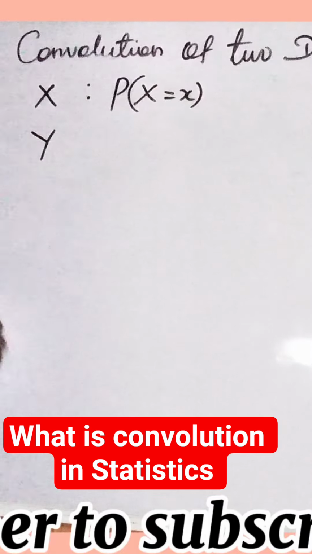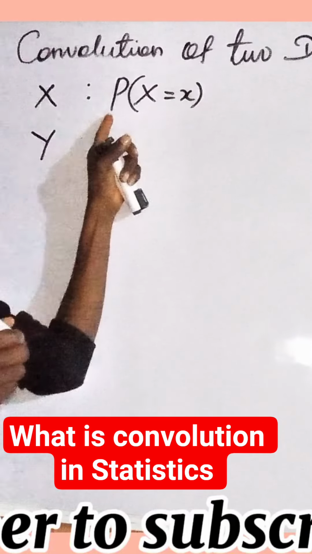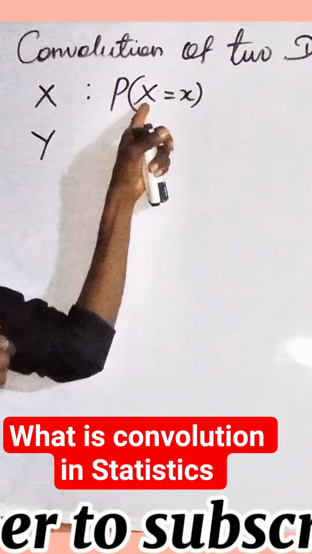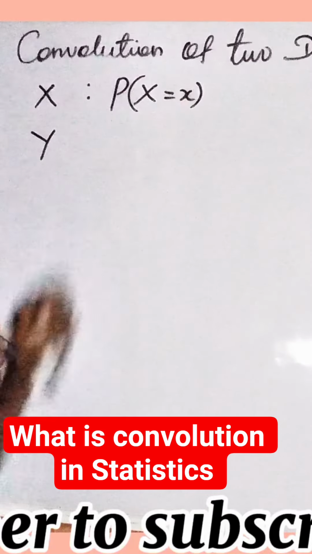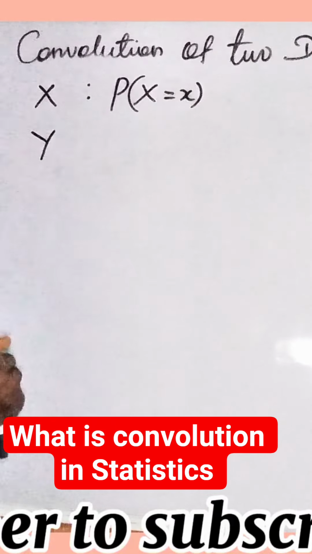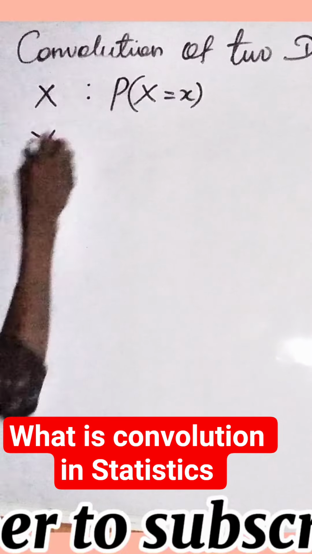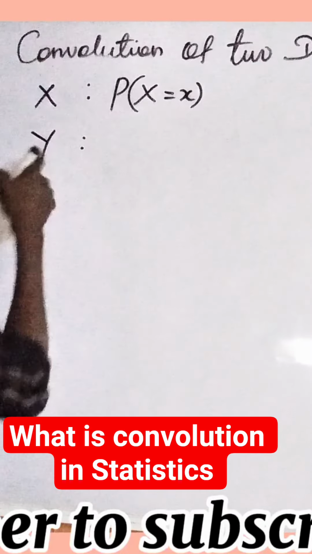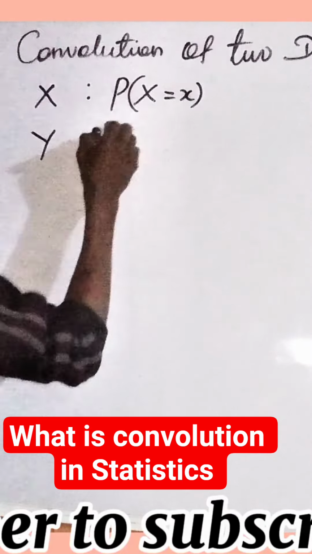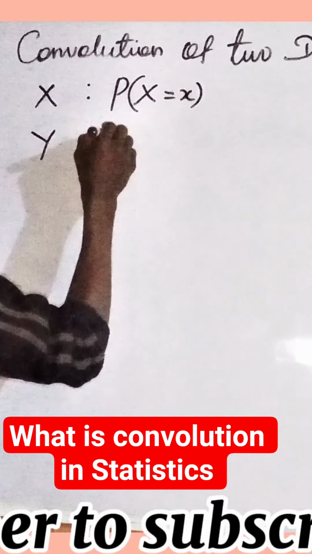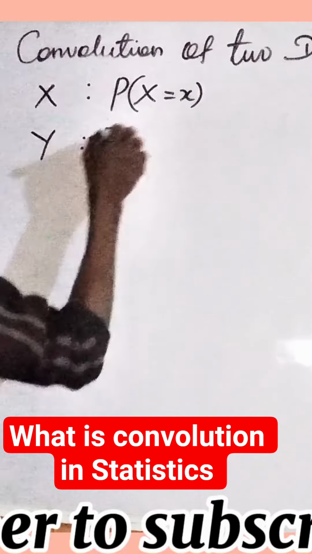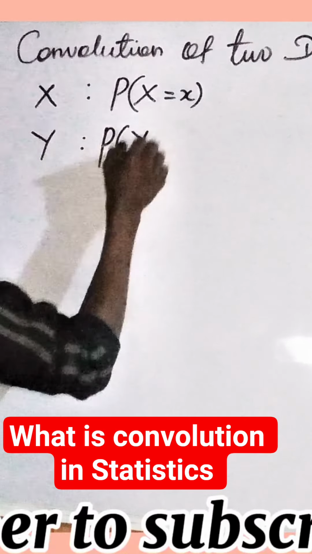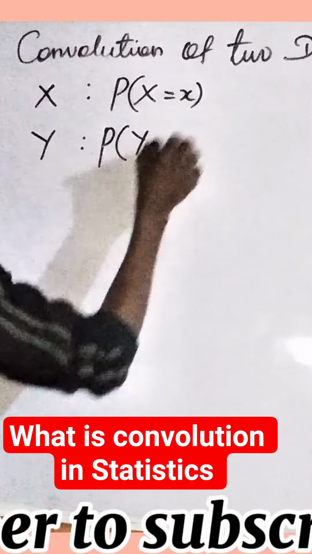That is, assigning the probability to every value of this random variable, capital X, which is given as a small x. Then we equally have information that this random variable Y has its own distribution, and equally its own PMF is given as P of capital Y is equal to small y.